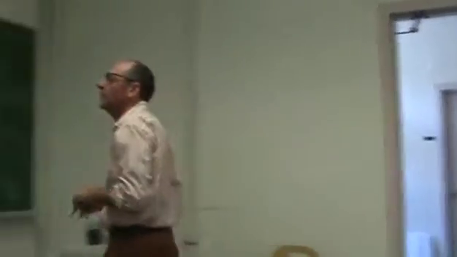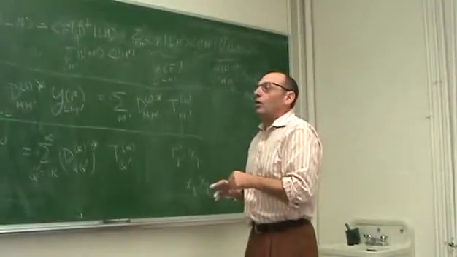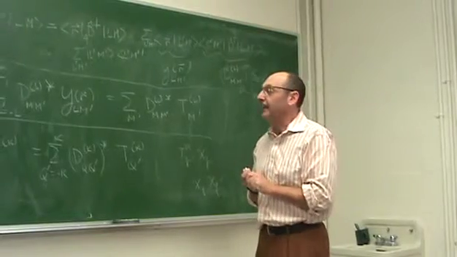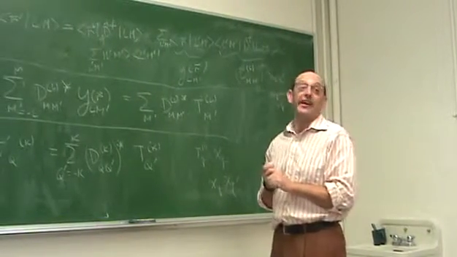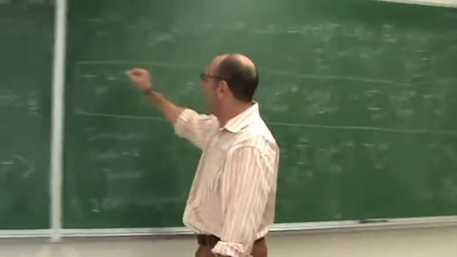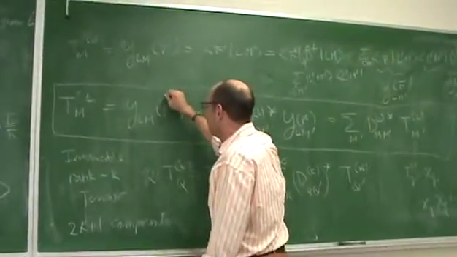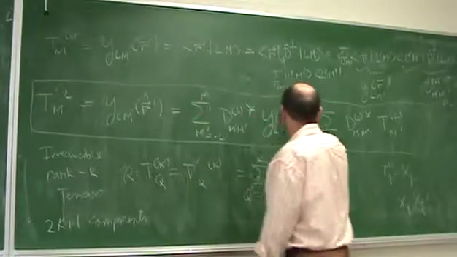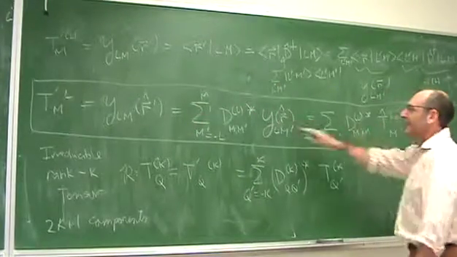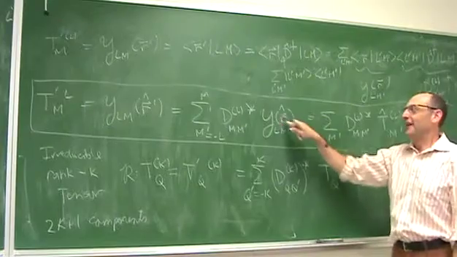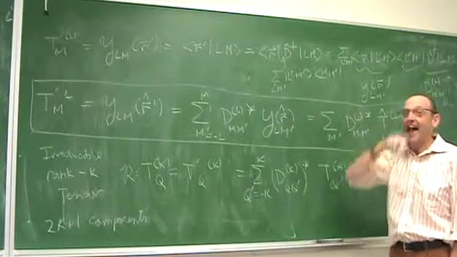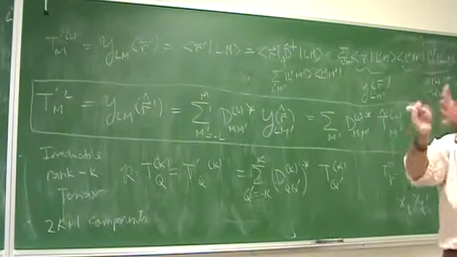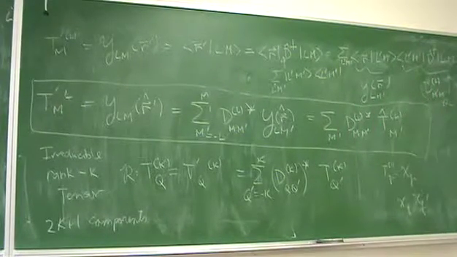Okay, so given this, we can define irreducible tensor operators. If I were to write down the operator which says, take the polynomial, but now instead of x, y, and z, I have x hat, y hat, and z hat, and write that in terms of x plus 1 hat, x minus 1 hat, z hat.